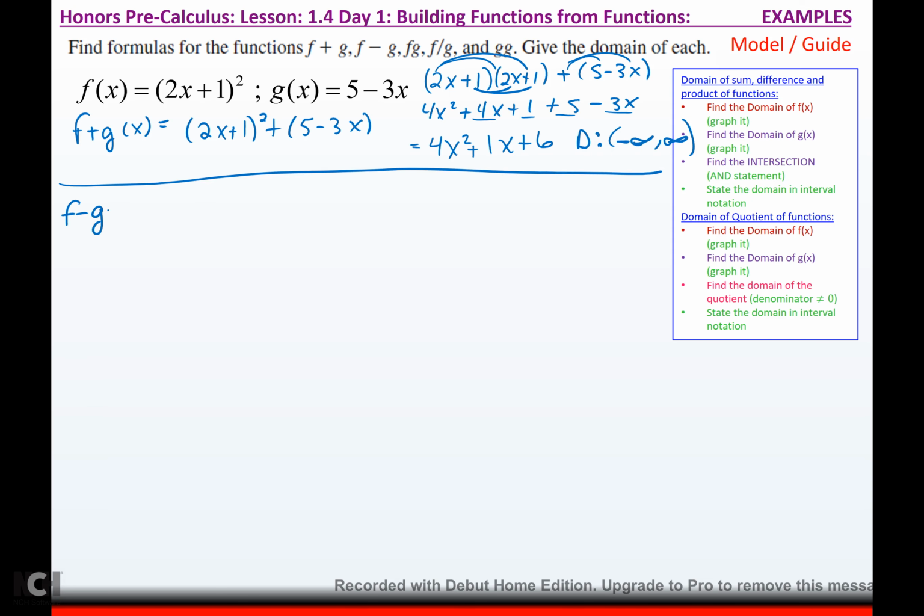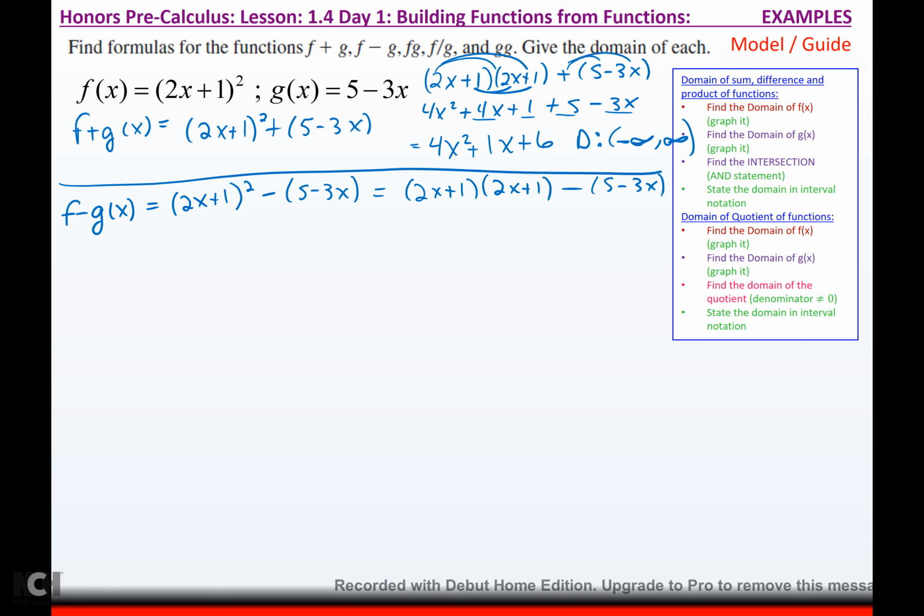If I do f minus g of x, that's going to be my f function minus my g function, which is going to be 2 copies of 2x plus 1, so I don't kill puppies, minus 5 minus 3x. Watch that negative because it's going to change signs.